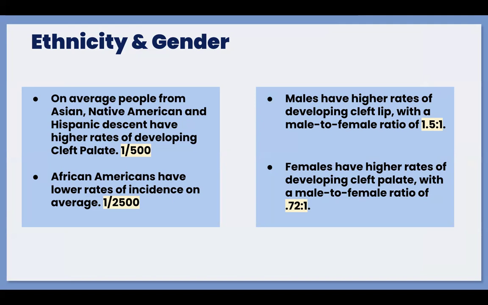And males have higher rates of developing cleft lip with a male to female ratio of 1.5 to 1, whereas females have higher rates of developing cleft palate with a male to female ratio of 0.72 to 1. And researchers at this time still don't know why males have higher rates of developing cleft lip as compared to cleft palate.